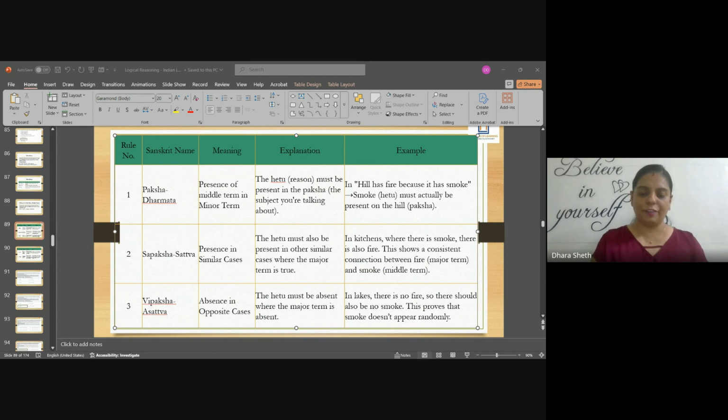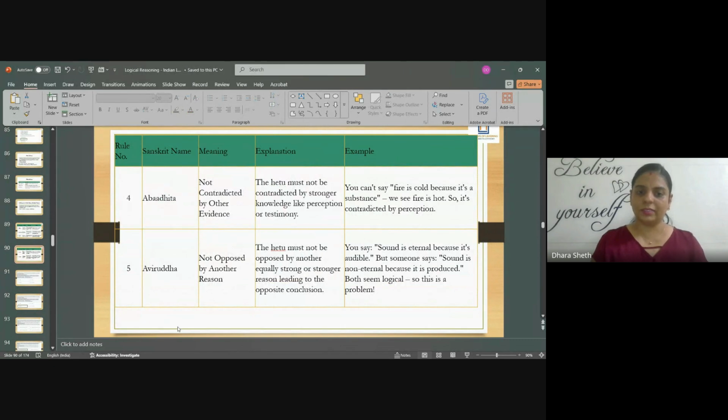Rule number 4 and 5. Abadhit, not contradicted by other evidence. Now, fire is hot. Okay? So we cannot say fire is cold. If we say fire is cold, it is wrong.